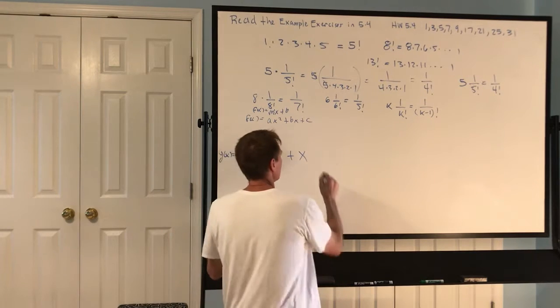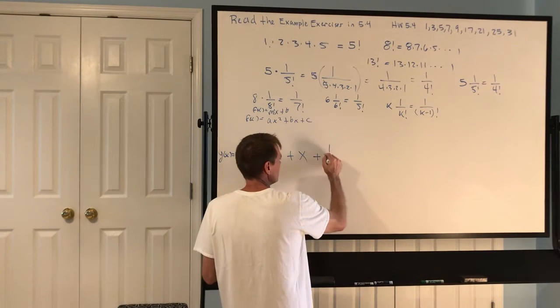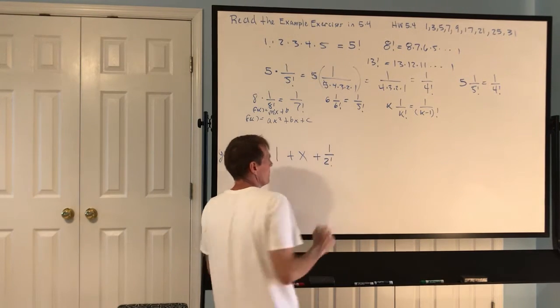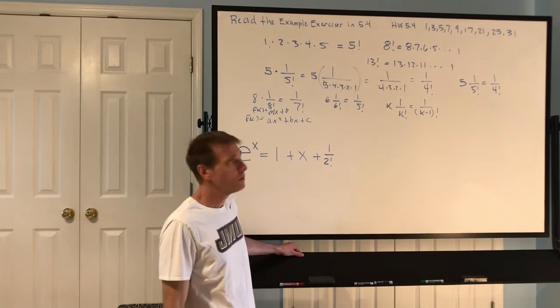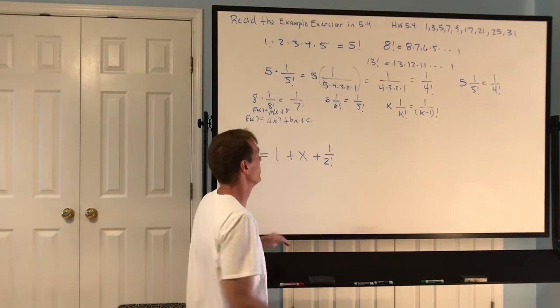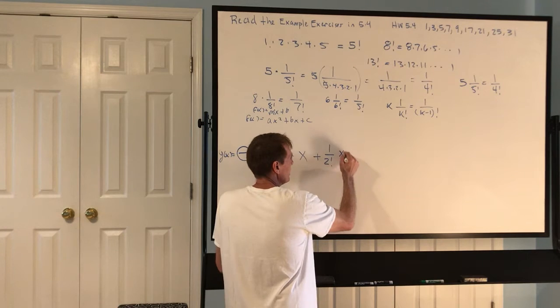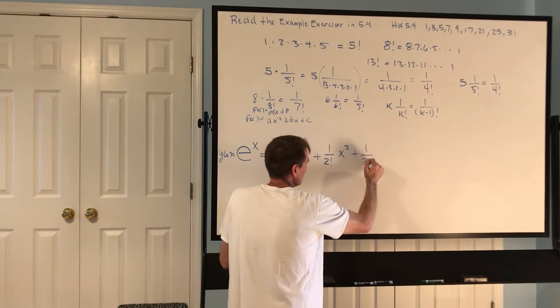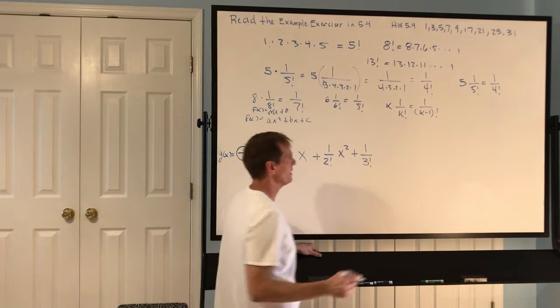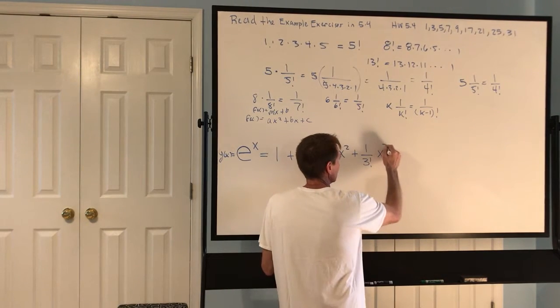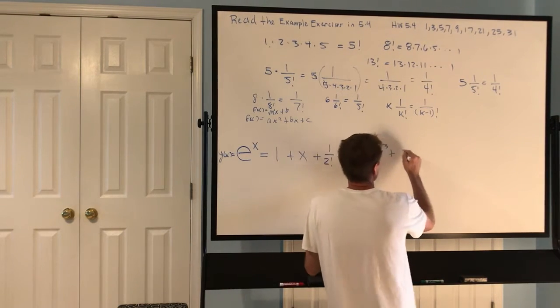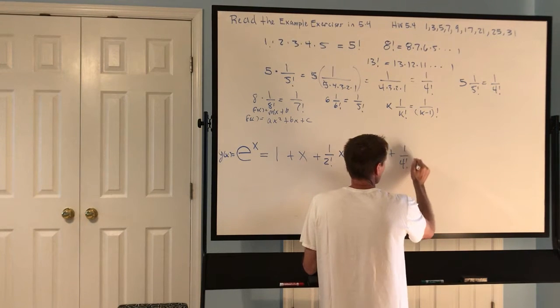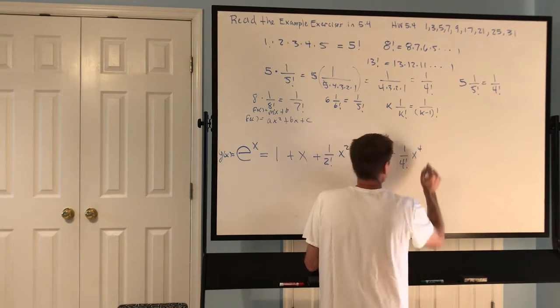Now this is when it starts getting bad. We've got this coefficient, which is 1 over 2 factorial, which we know from what we were doing earlier is just 1/2, times x squared. And then there's a 1 over 3 factorial times x cubed, and 1 over 4 factorial times x to the 4th.